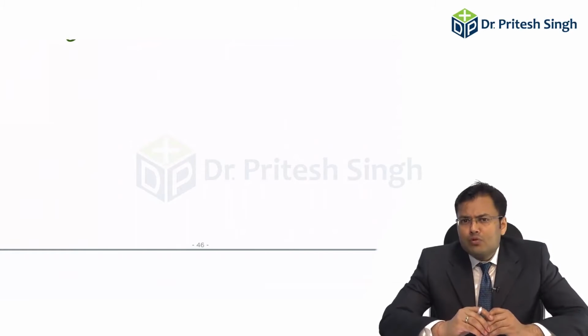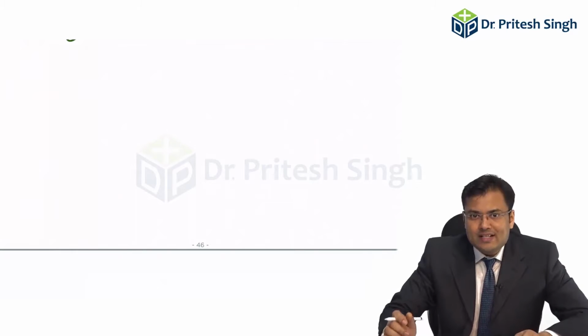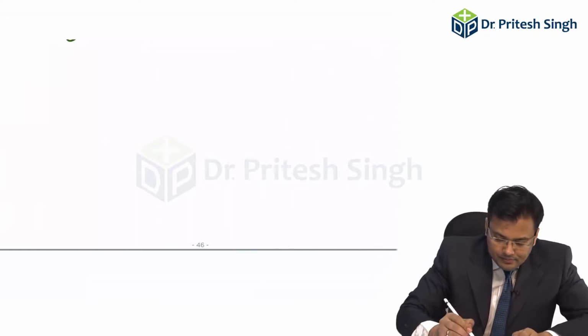Example, most common cause of hypothyroidism worldwide is Hashimoto's thyroiditis, and most common cause of hyperthyroidism worldwide is Graves' disease. So we are going to discuss Graves' disease.